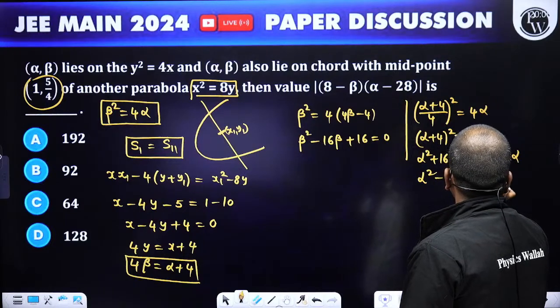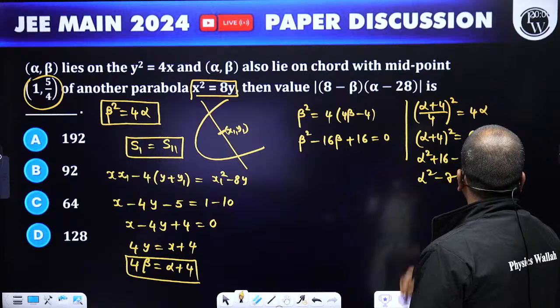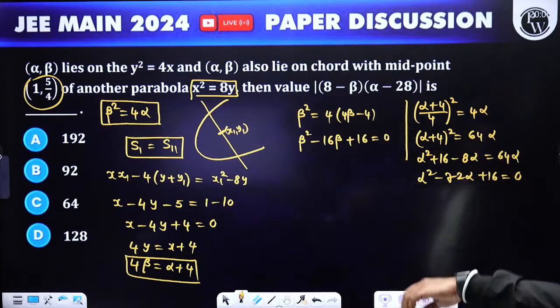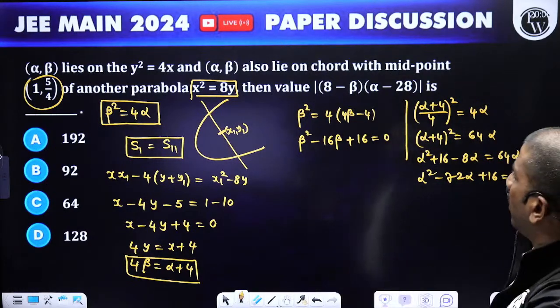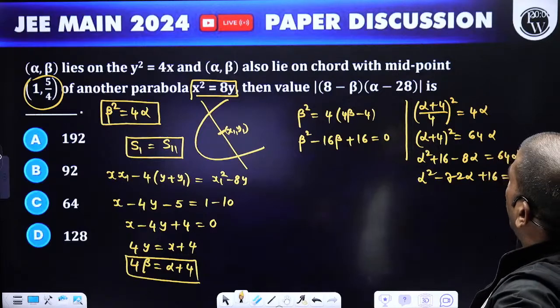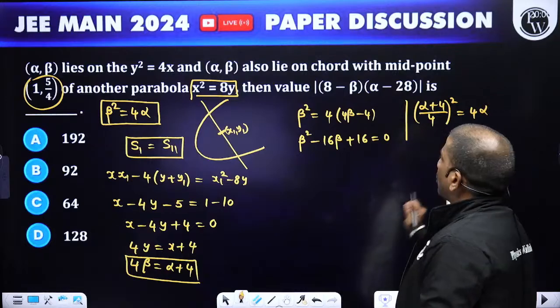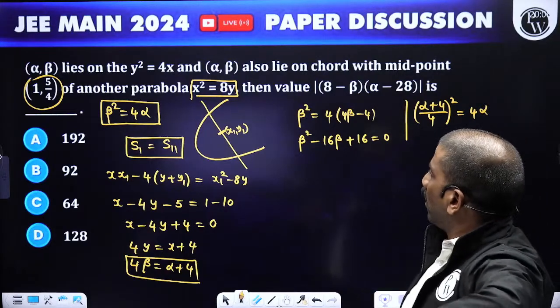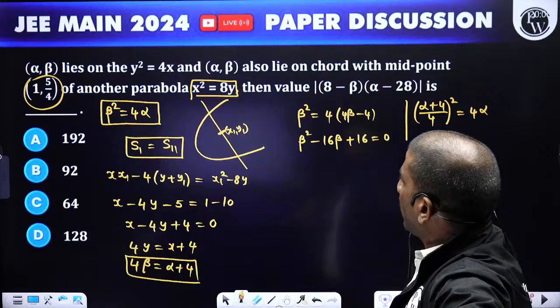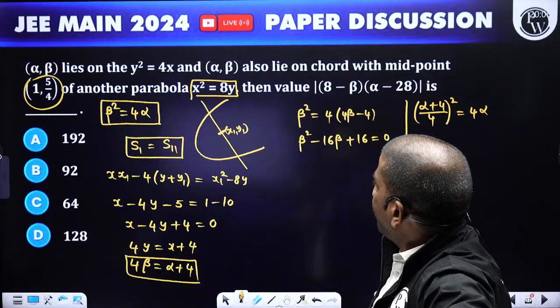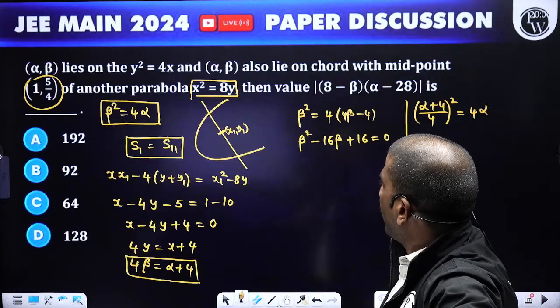I think somewhere it went wrong. 8 2s are 72. Again, once you can check some calculation mistake. The calculation went somewhere. S1 is equal to S11. Y plus Y1.